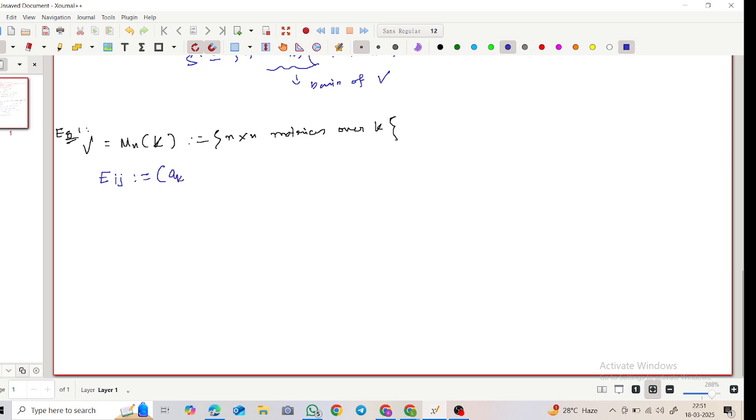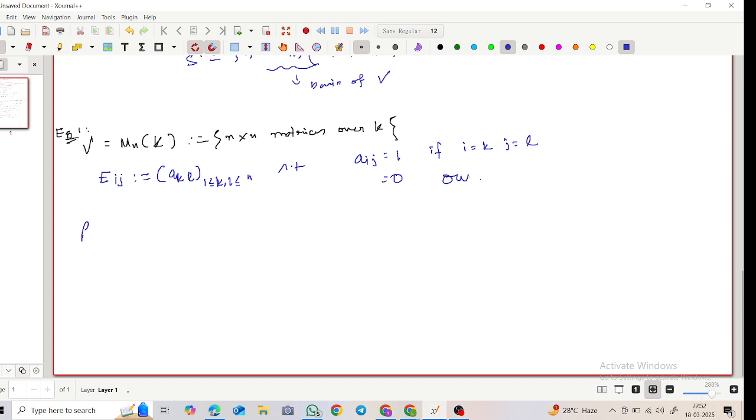Maybe I should write it as A_kl, a matrix, where k is small k, less than or equal to n, such that A_ij equals 1 if i equals k and j equals l, and 0 otherwise. Okay.